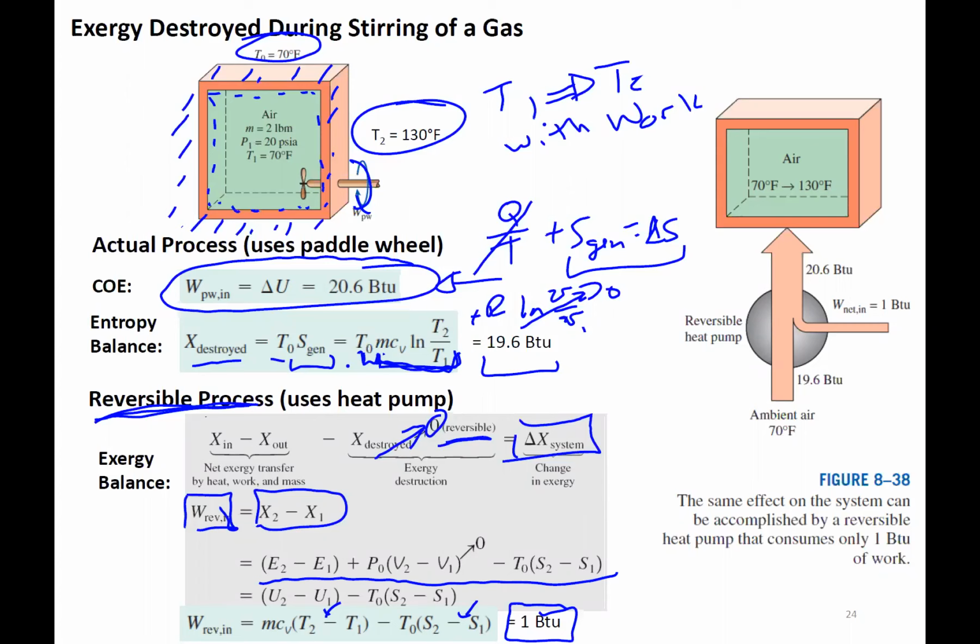So the reversible work, if we were to raise from T1 to T2 reversibly, should only take 1 BTU. You can see that by subtracting: the reversible work in is the paddle wheel work minus X destroyed, because that's the equation from earlier on.